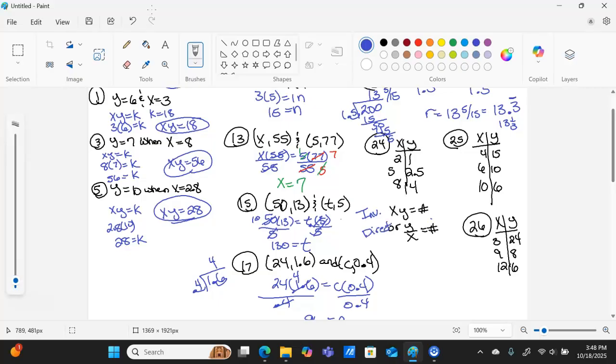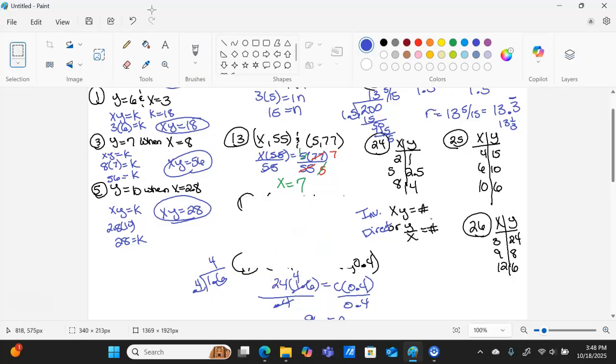The standard formula for an inverse variation is xy equals k. The standard formula for a direct is y equals kx. And that's how I got this. If you divide both sides by x, you get this constant of variation is equal to y over x.